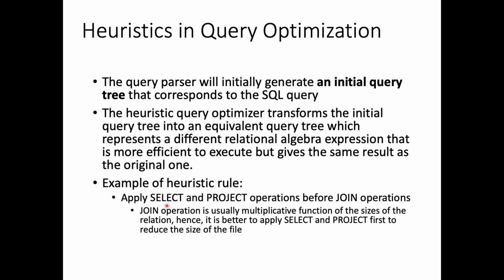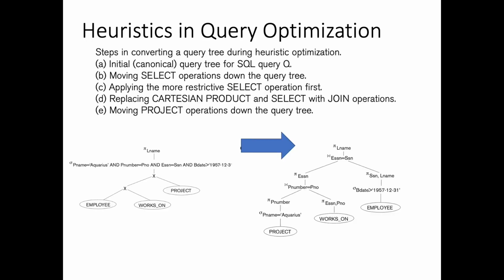So, by performing select and project, we are minimizing the total number of records using the select, and we are also minimizing the total number of columns. So, essentially, before you do the join operation, mas maliit na lang yung input tables for the join. That's just one example of a heuristic rule. In fact, marami pang iba.